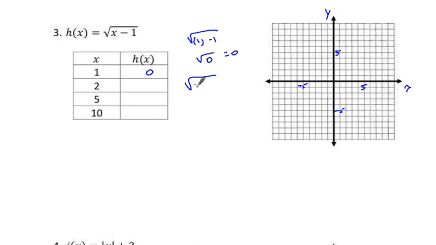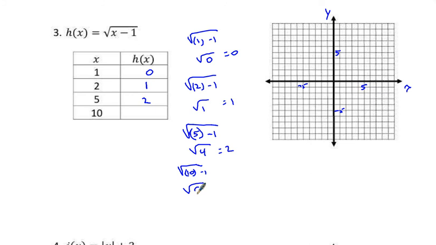Next, the square root of 2 minus 1, or the square root of 1, is 1. The square root of 5 minus 1, or the square root of 4, is 2. And lastly, the square root of 10 minus 1, or the square root of 9, is 3.